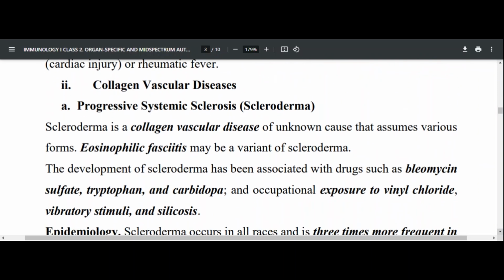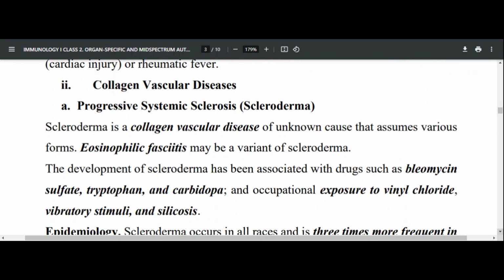In immunology we like to use just the letters, PSS, short for progressive systemic sclerosis.